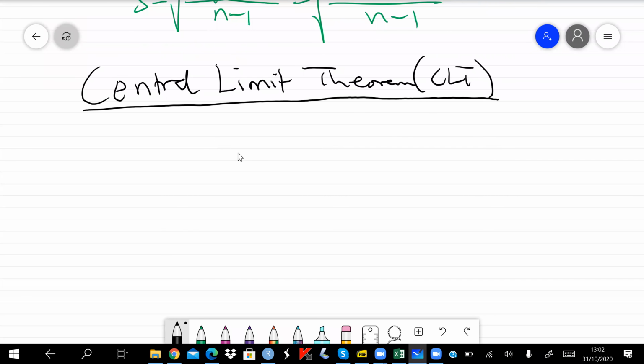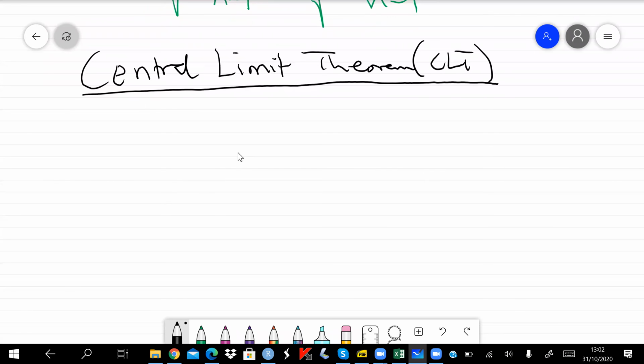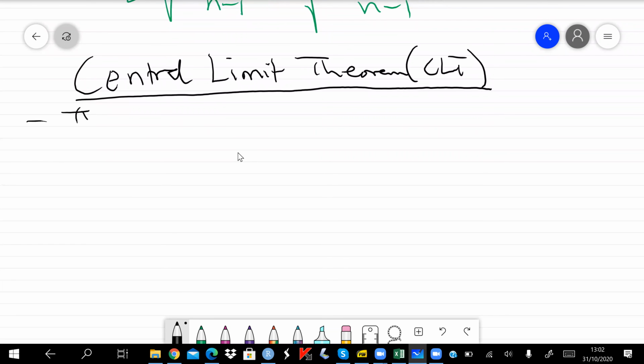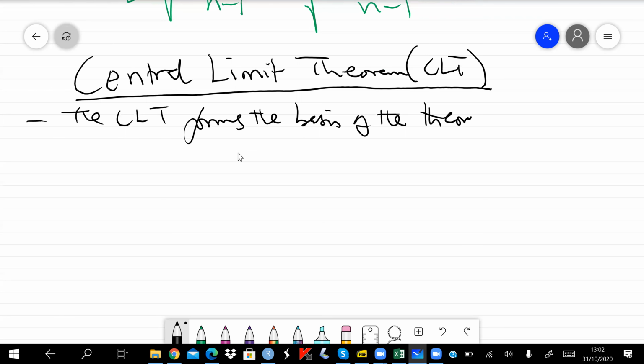It forms the basis of the theory that is used in statistical inference.